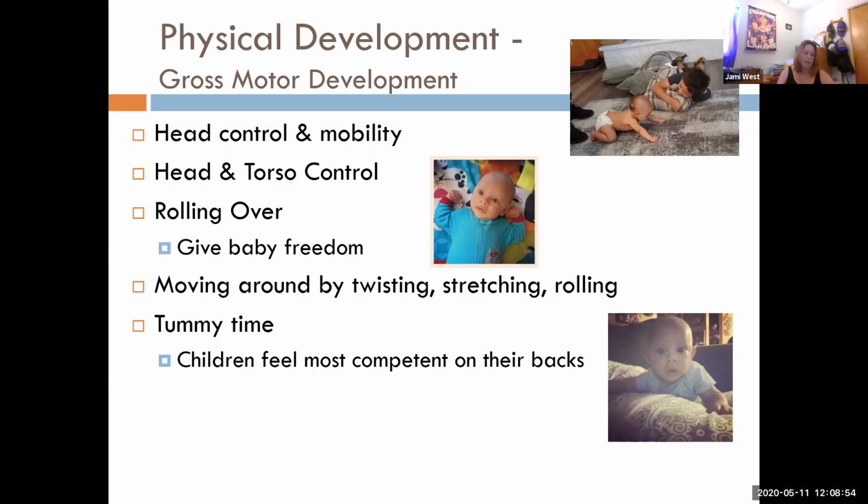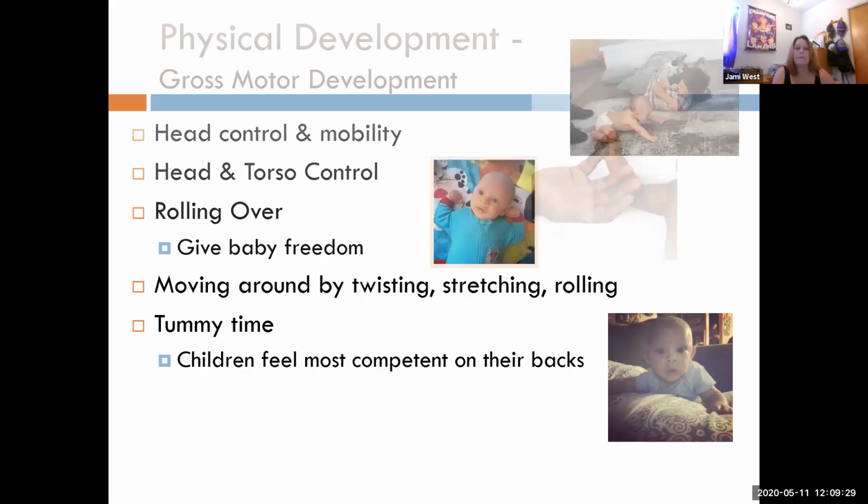Too much time in these contraptions that confine their movement absolutely affects this natural progression of development that infants are created to develop. Okay? They just need to be given the freedom to move their body, okay? Opportunities to develop their muscles, okay? All right, so that is the gross motor progression of development, 0 to 6 months.